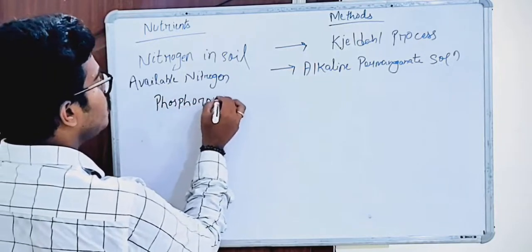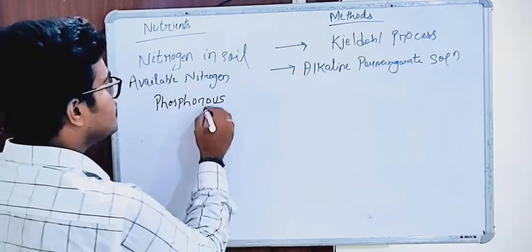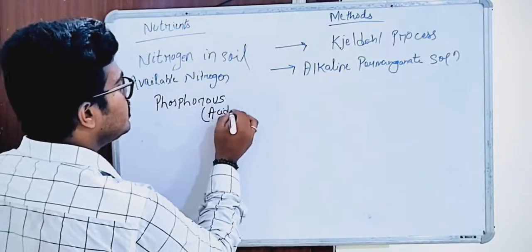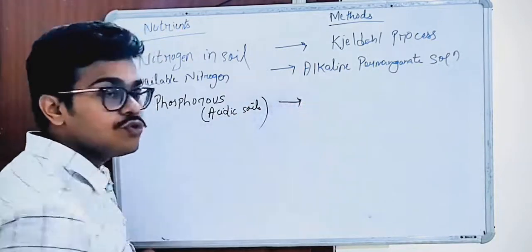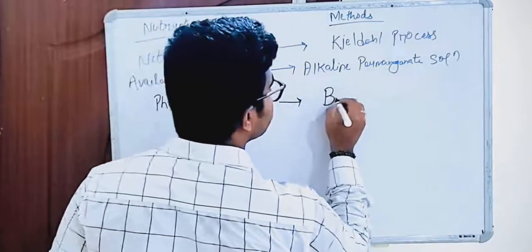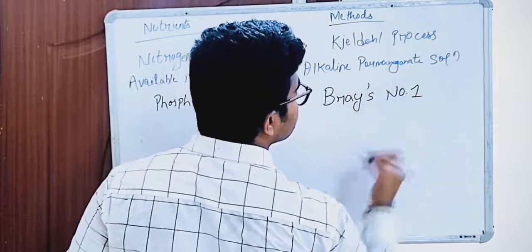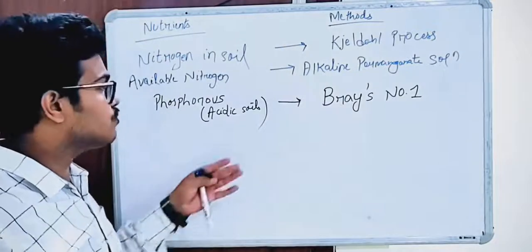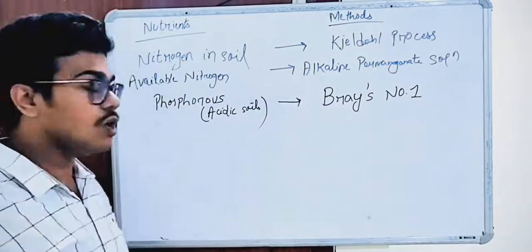Now coming to phosphorus. If we want to determine phosphorus amount in acidic soils, then we have to go for the Bray number one method. Bray number one is one of those methods by which we can estimate phosphorus in acidic soils.